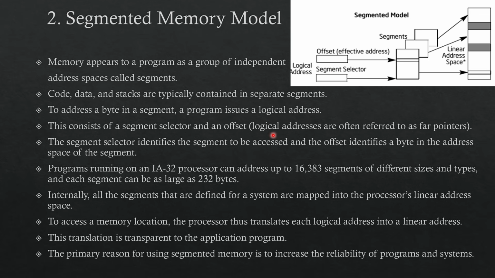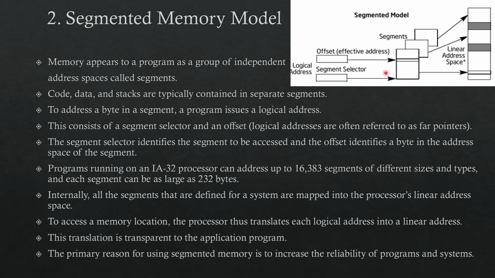Logical addresses are often referred to as far pointers. The segment selector signifies which segment is to be accessed, and the offset identifies a byte in the address space of the segment.